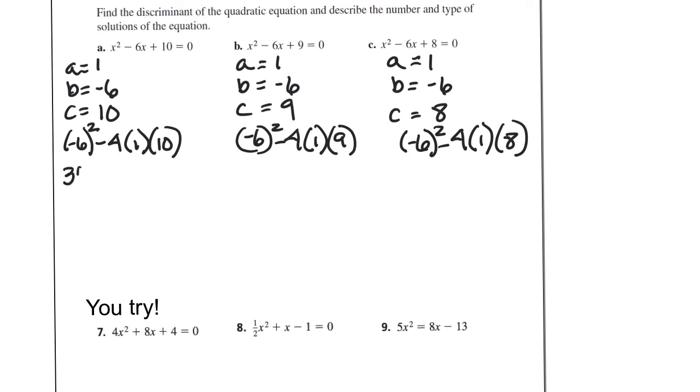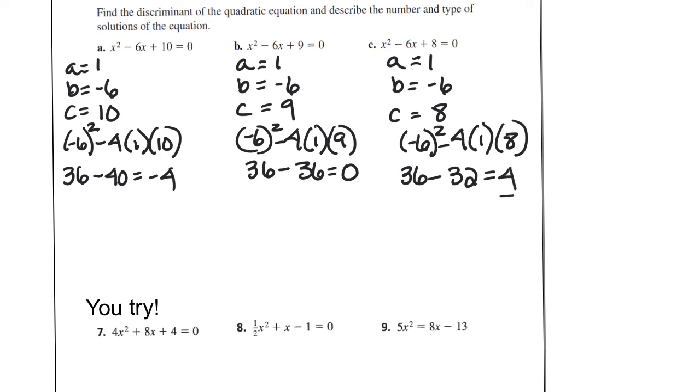So this becomes 36, and 36 minus 4 times 10, so that's minus 40. That's negative 4. The second one is 36 minus, and 4 times 9 is 36, so that equals 0. And here this is 36 minus, and 4 times 8 is 32, so that's positive 4.